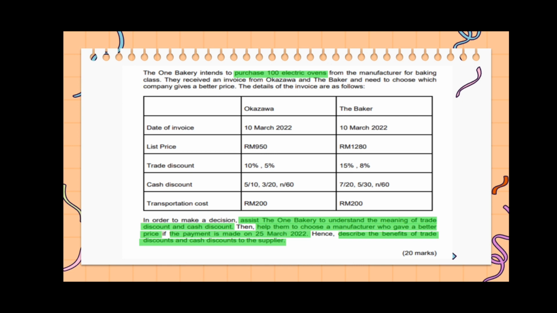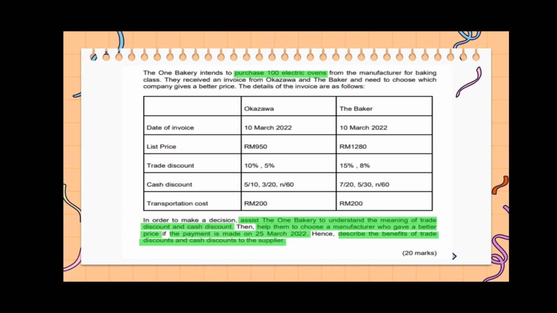The trade discount from Okazawa is 10% and 5%, the Baker is 15% and 8%. The cash discount from Okazawa is 5/10, 3/20, and n/60. And from the Baker is 7/20, 5/30, and n/60. The transportation cost from Okazawa is RM200, and the Baker is RM200 too.